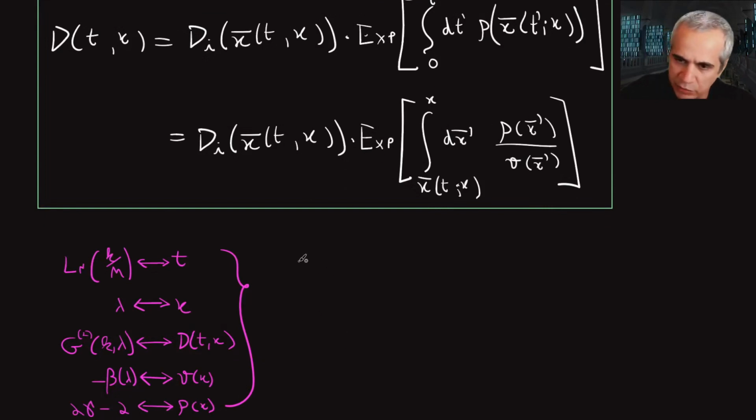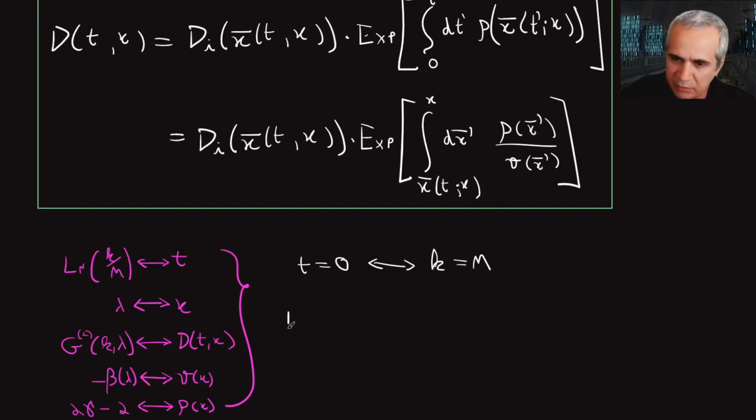So the initial condition at t equals 0 now is equivalent to k equal m, right? So when my external momentum is at this renormalization scale, t is 0, right?